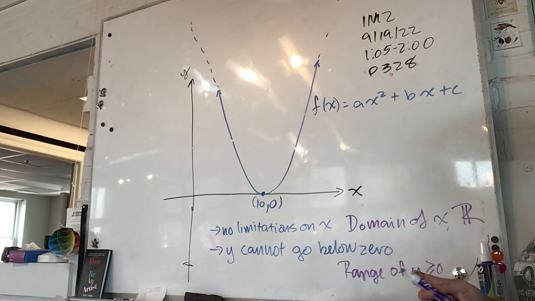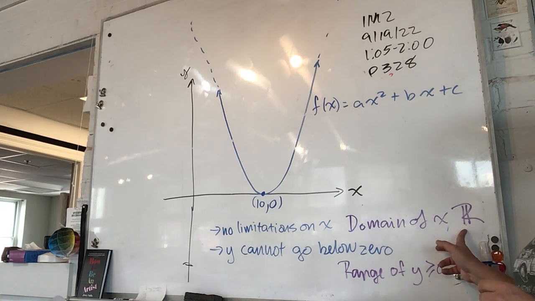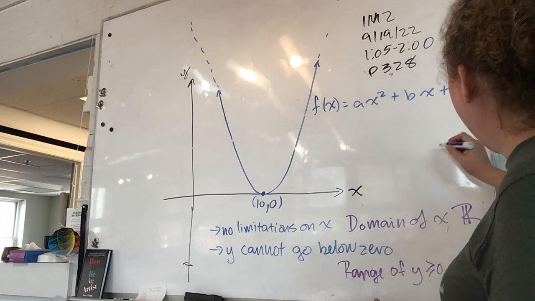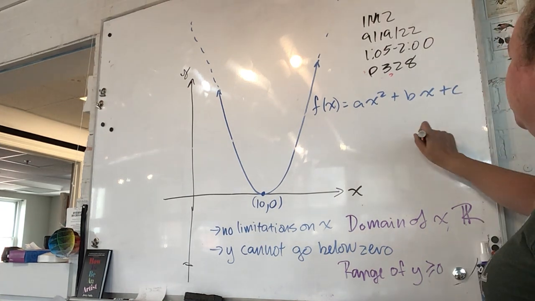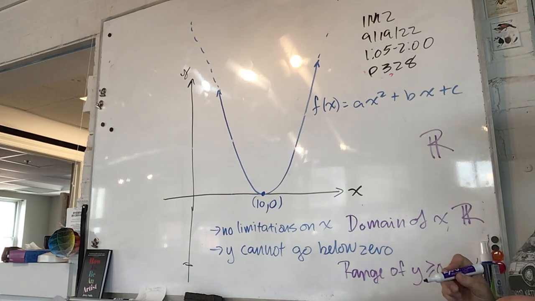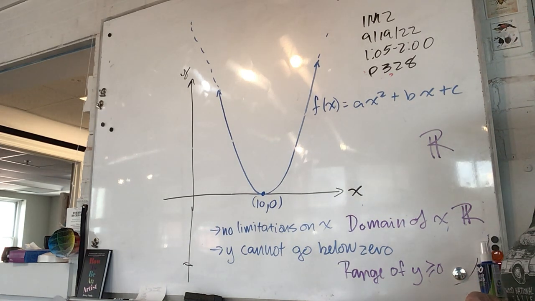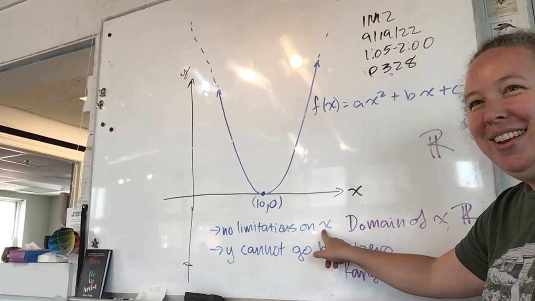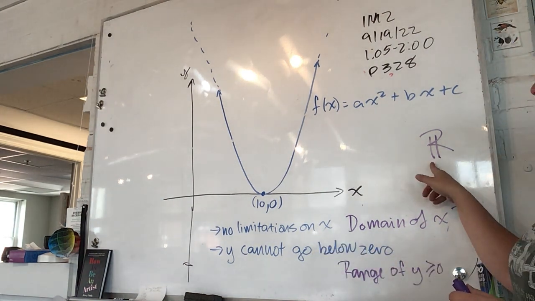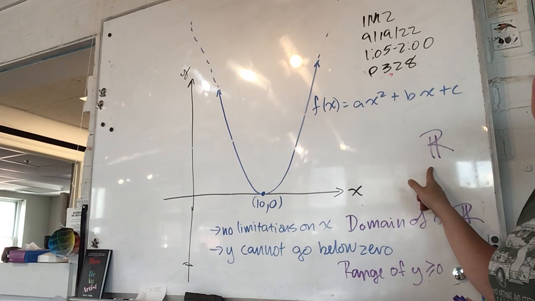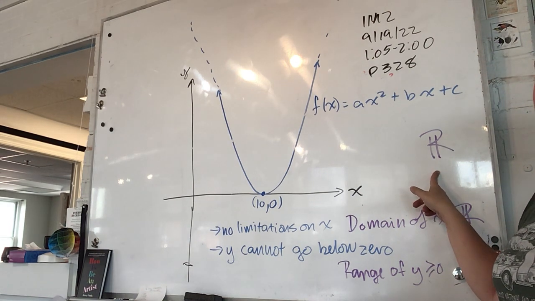What's that thing to the right of x? This is a capital R. To write a capital R with a pen, you can just do a double vertical line. This capital R stands for all real numbers.